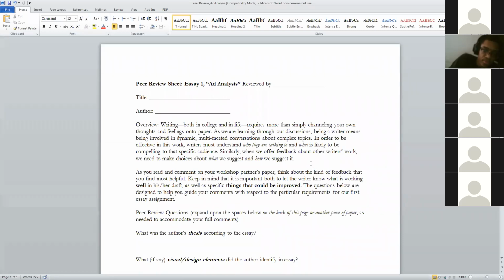In order to be effective in this work, writers have to understand who they're talking to and what is likely to be compelling to that specific audience. Similarly, when we offer feedback about other writers' work, we need to make choices about what we suggest and how we suggest it. So that's the first thing that I want to talk to you about.